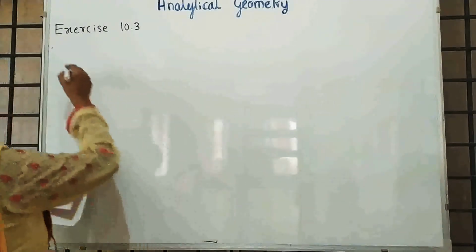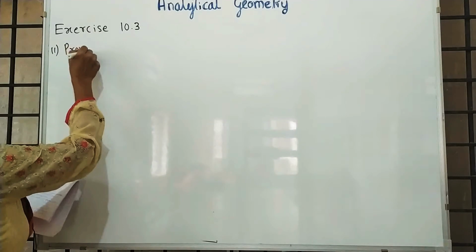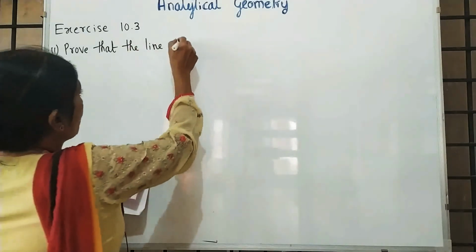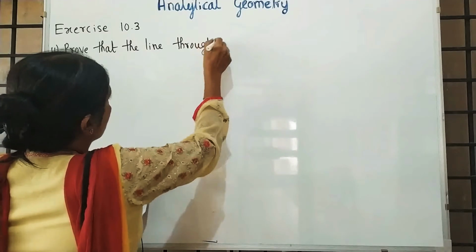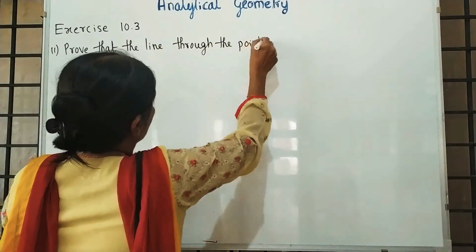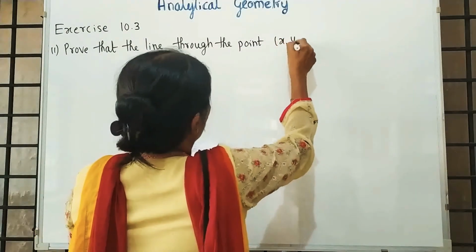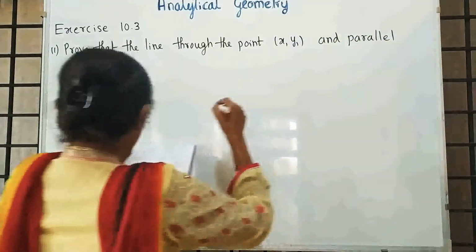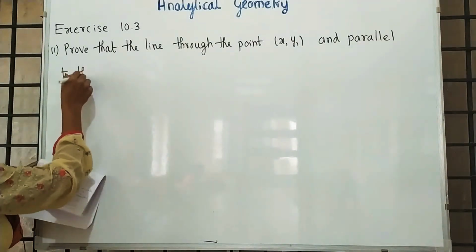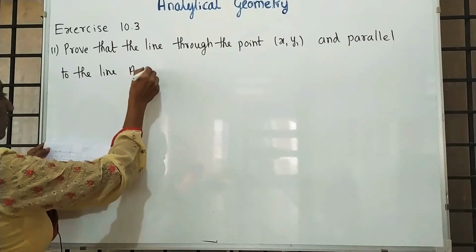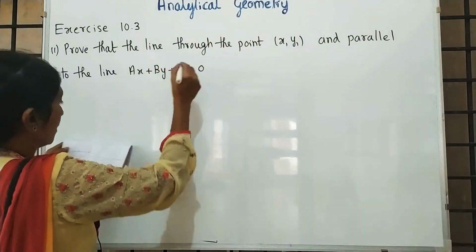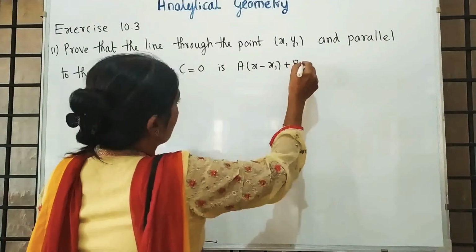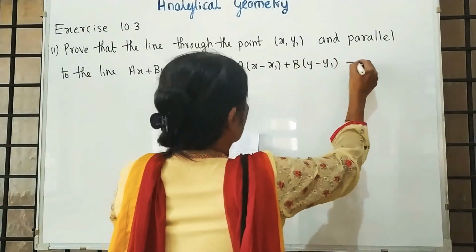Question: prove that the line through the point x1 y1 and parallel to the line ax plus by plus c is equal to 0 is a in the bracket x minus x1 plus b in the bracket y minus y1 is equal to 0.